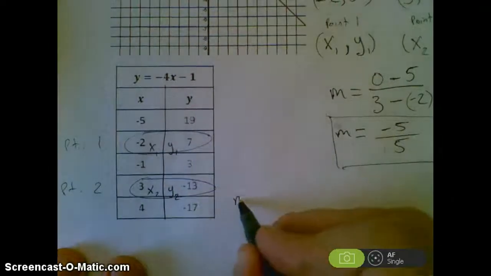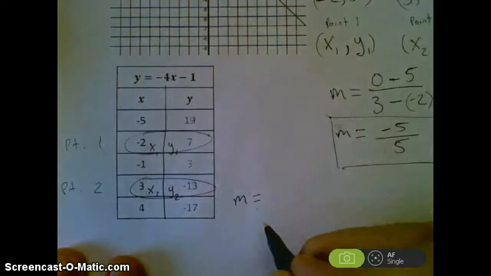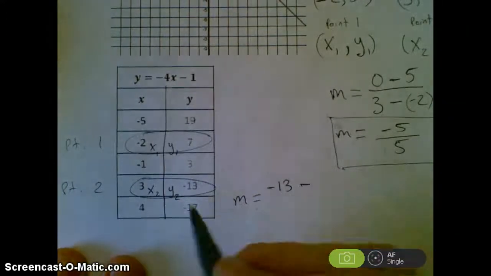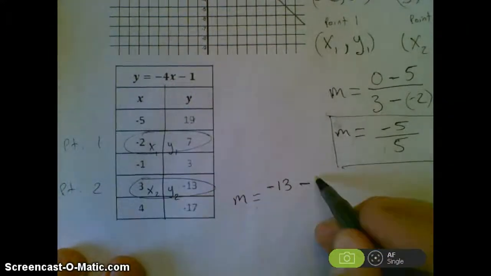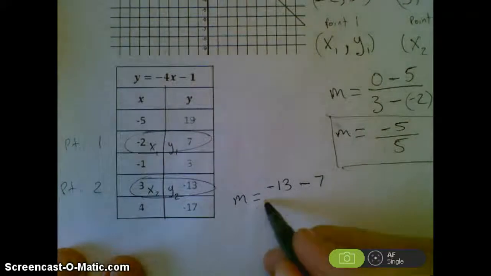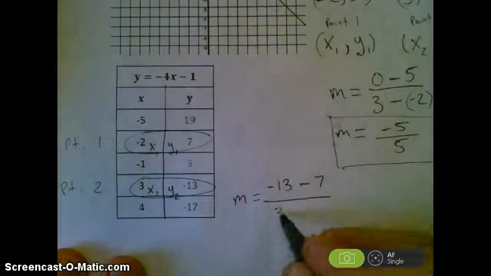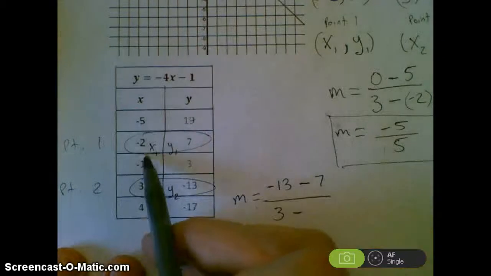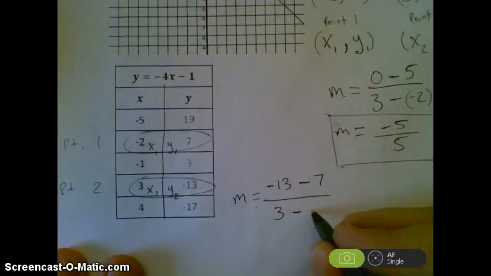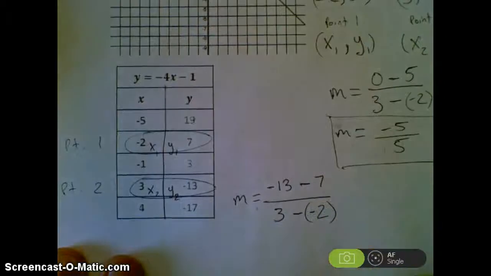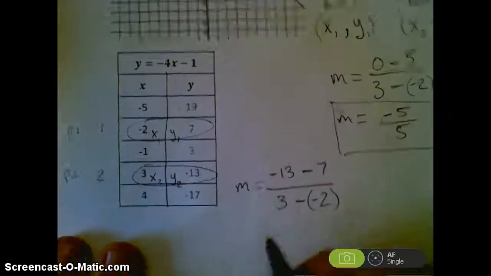So to find the slope, I'm going to take m equals y sub 2, that's -13, minus y sub 1, which is 7, over x sub 2, which is 3, minus x sub 1, which is -2. And now I just simplify.